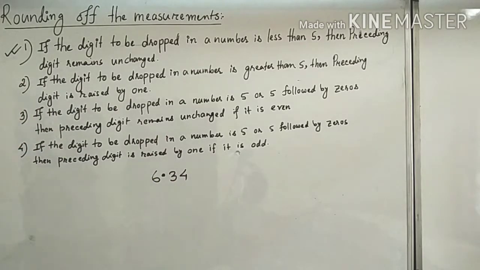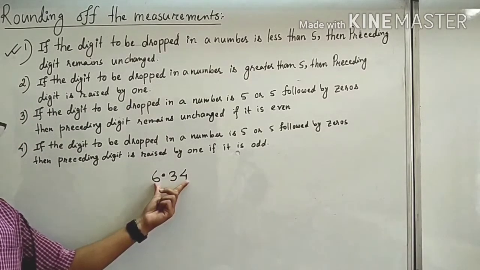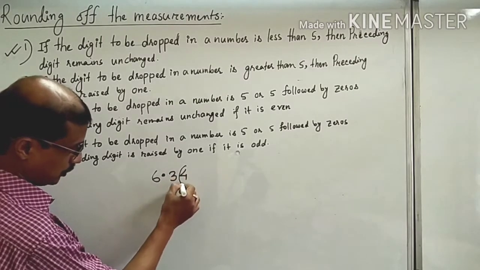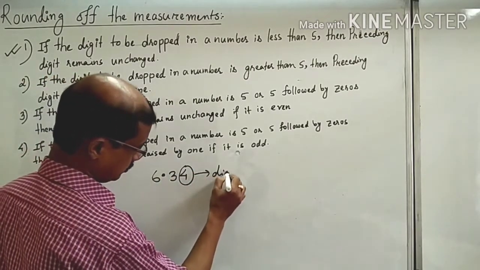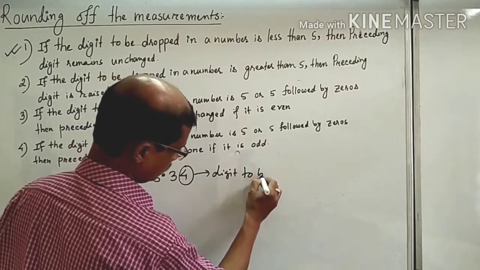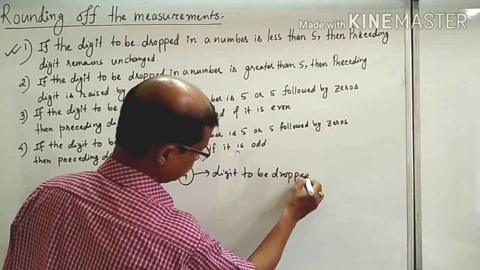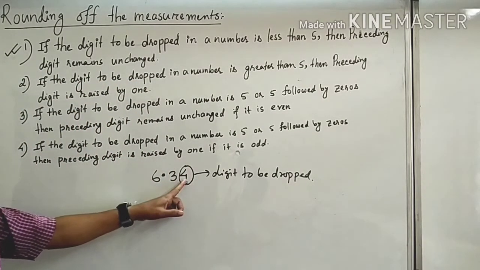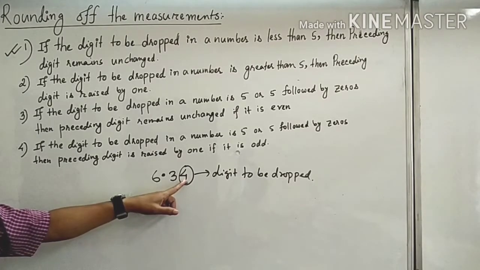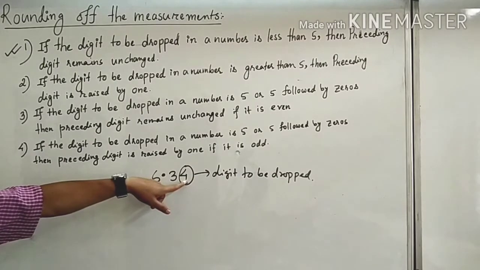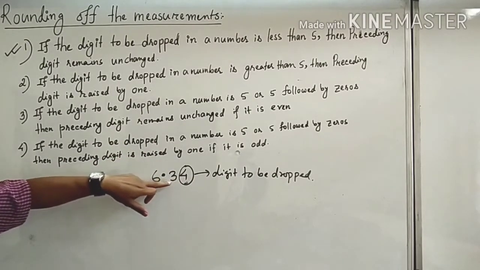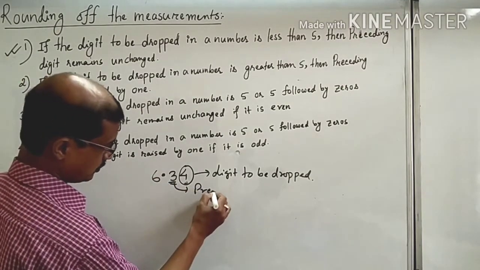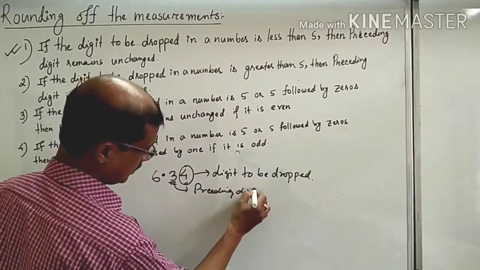Suppose we have a number 6.34. The digit to be dropped is 4. This digit is less than 5, so the preceding digit, which is 3, remains unchanged.